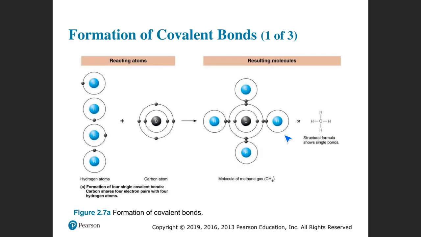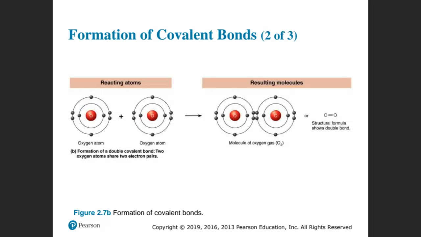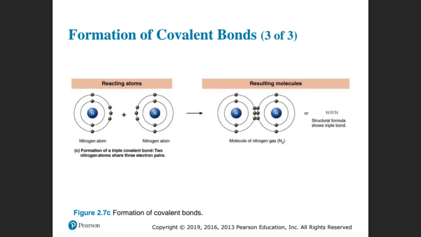And just to give you some visuals from your textbook, we can see some images of this where those electrons are shared. And so when you count them, you give credit to both of the atoms as containing those electrons. So, sharing of electrons between atoms.